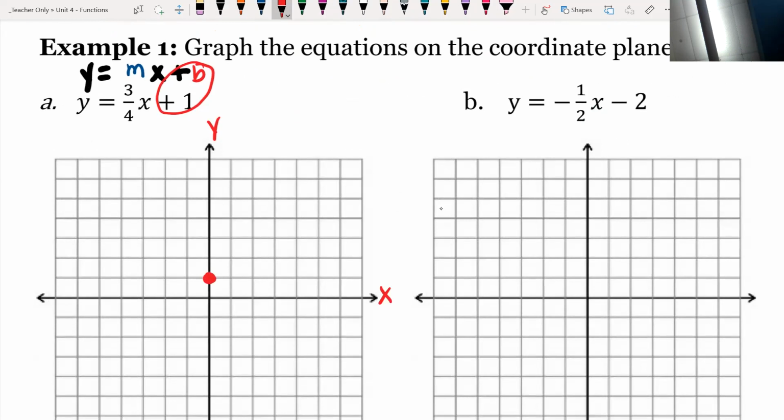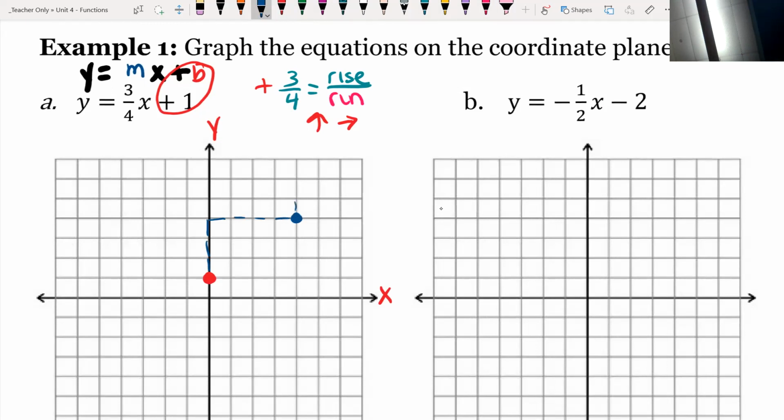My slope is 3/4, so we rise 3, run 4, and because it's positive, we go up and to the right. From here, we go up 3, right 4, and there's our first point.